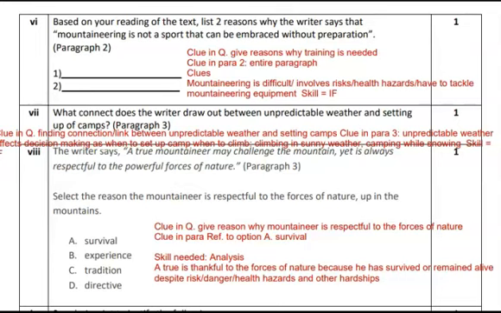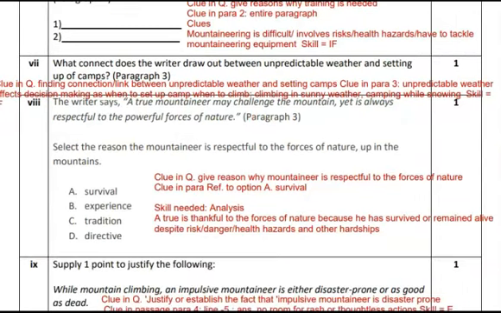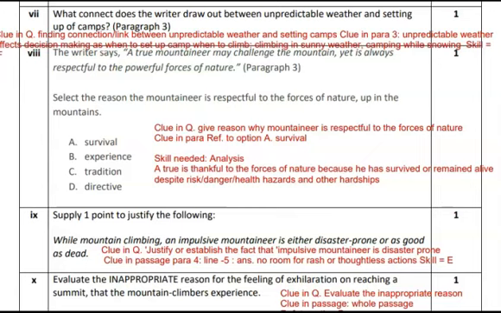So what you need is to just carefully read the question. Answers are there in front of your eyes. Again, question number 7. What connection does the writer draw between unpredictable weather and setting up of camps? So easy to understand. If the weather is unpredictable, then it will affect the climber's decision.